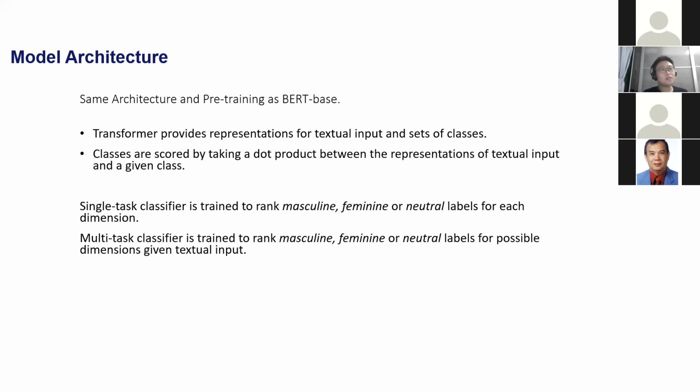So the single task classifier is trained to rank masculine, feminine, or neutral labels for each dimension, so one dimension, as, to, or about. And the multitask classifier will try to rank these three labels for all the possible dimensions given the textual input.